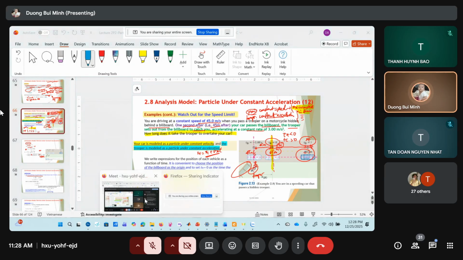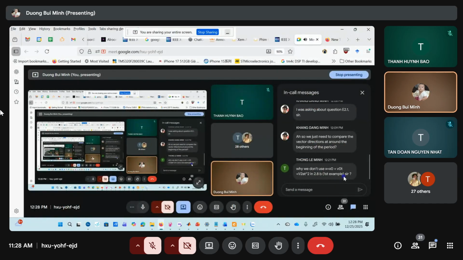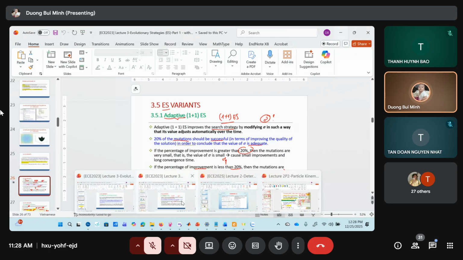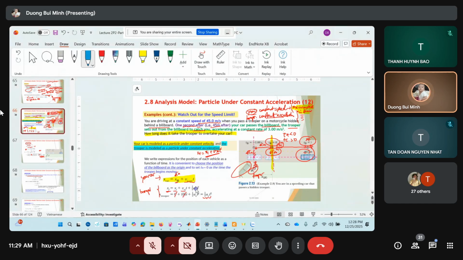For the first example, x is x0 here, right? This is here. The same, xf is xi plus vxi t plus half, right?